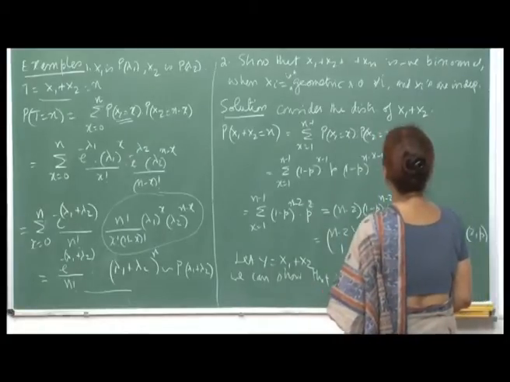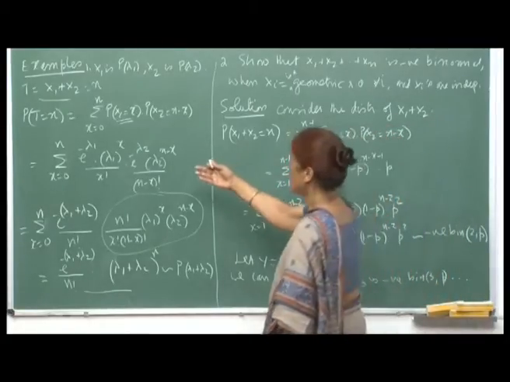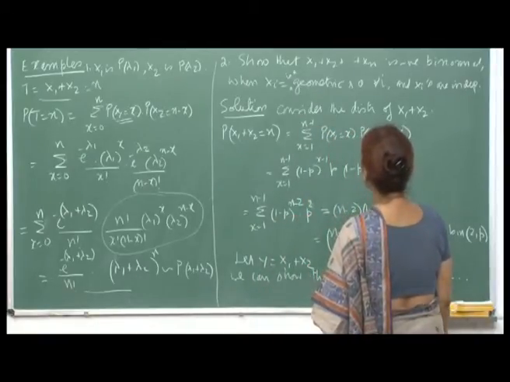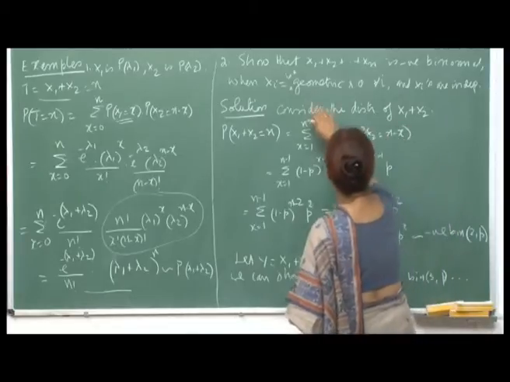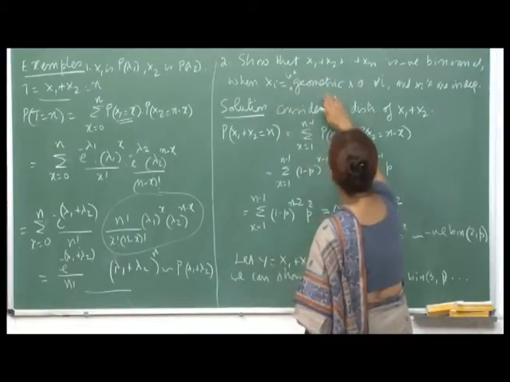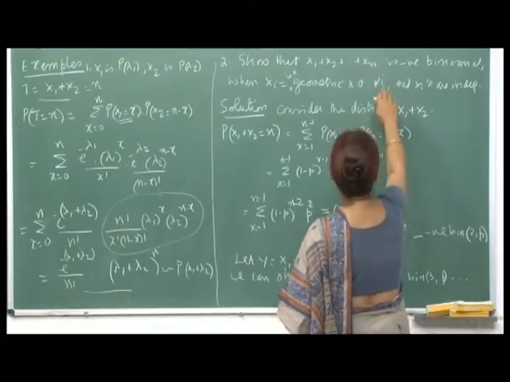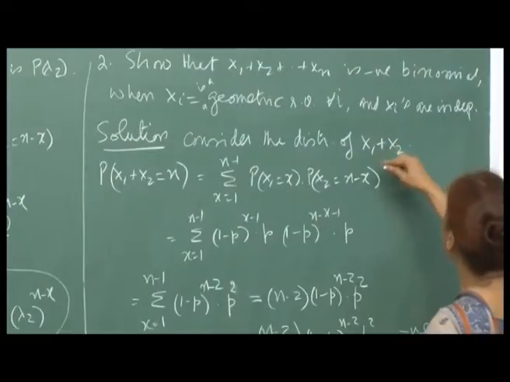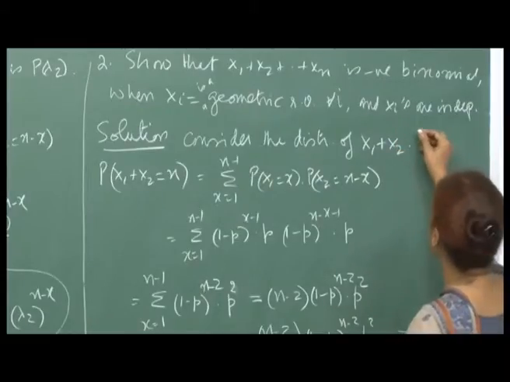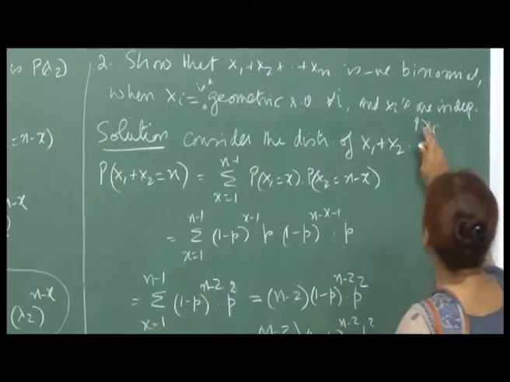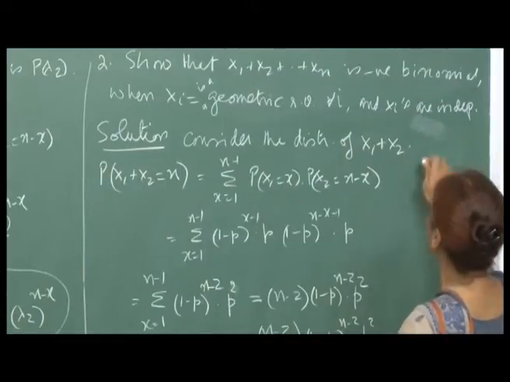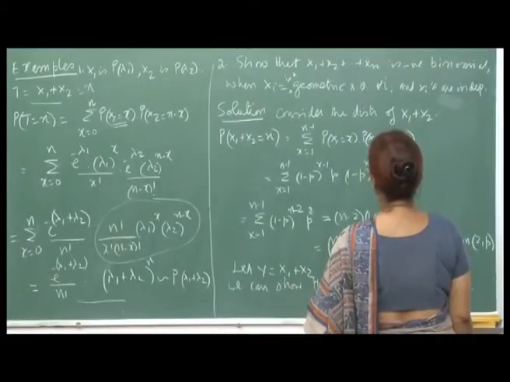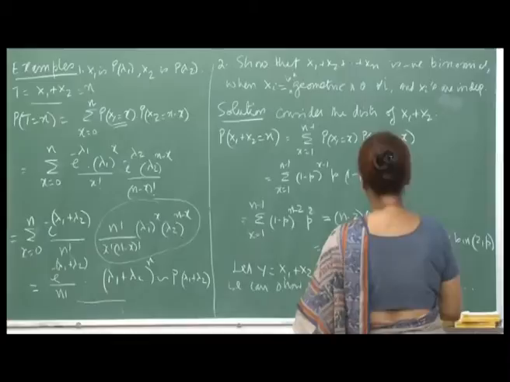And so, here we are extending this concept to the sum of more than 2 independent random variables, where the X_i's are independently identically distributed geometric random variables with probability of success p.